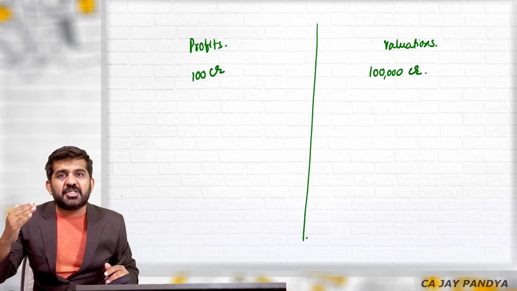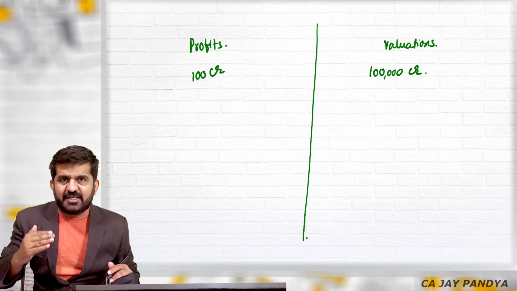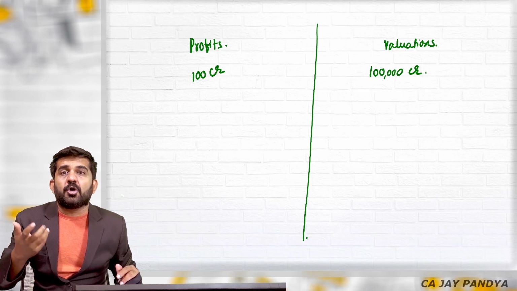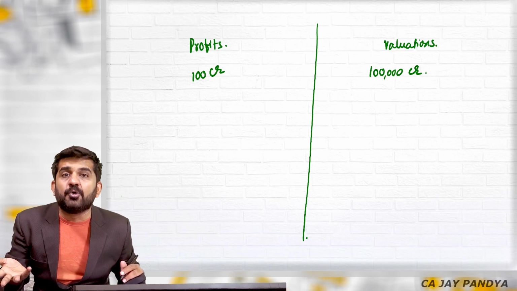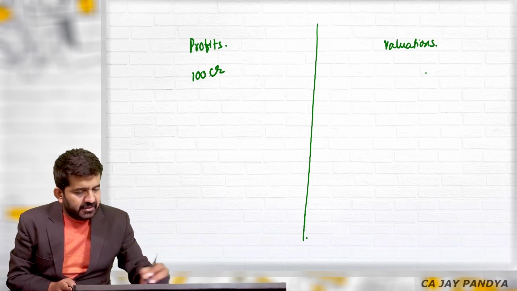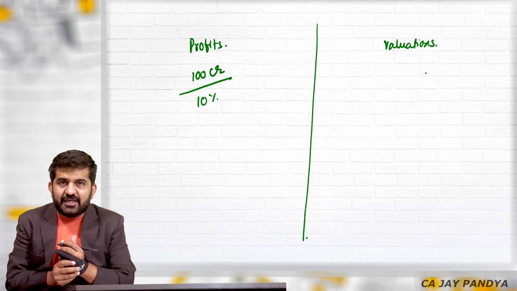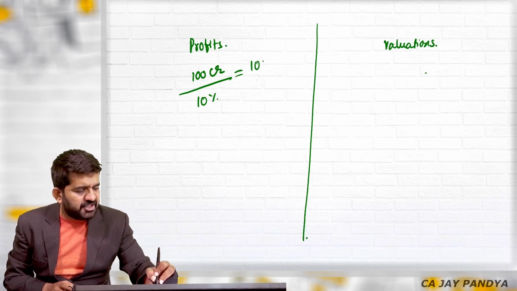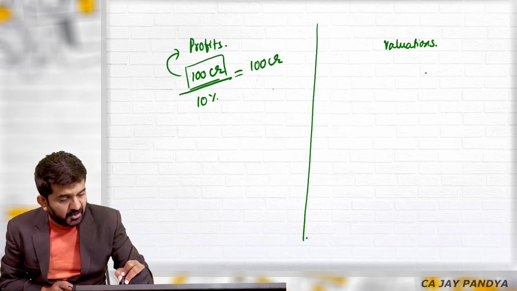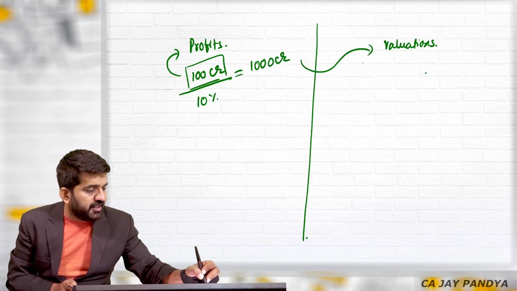We know valuation in finance: it is the present value of future cash flows. So whenever you want to convert your profits or cash flow into valuation, you will have to divide it by something. Say I am assuming Reliance has a KE of 10%. What will be the valuation? 100 crores are profits, 1000 crore is valuation.